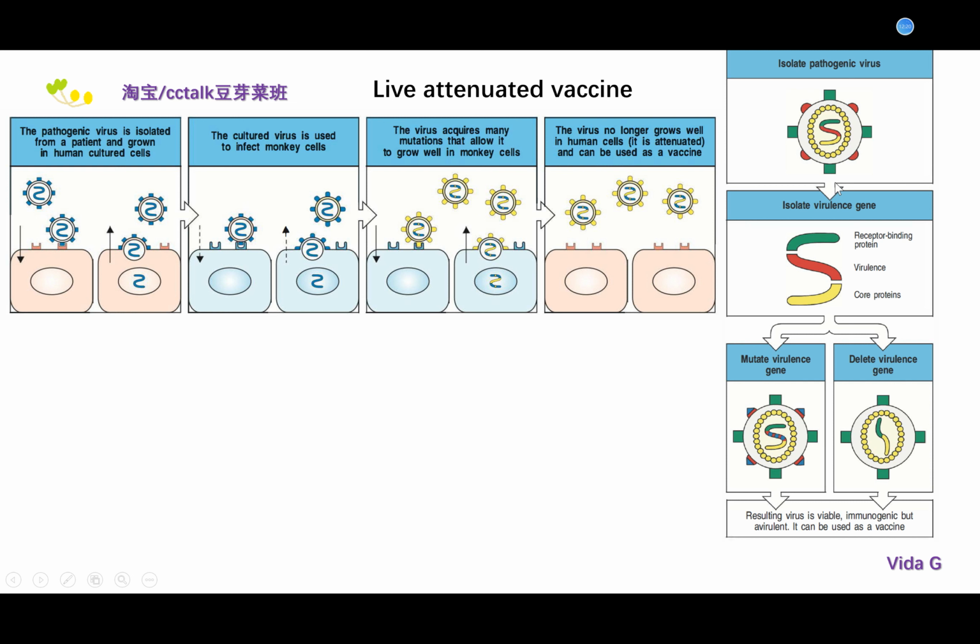So we just remove the virulence part of the DNA and recombine the other DNA parts together and transfer this modified DNA to the virus.